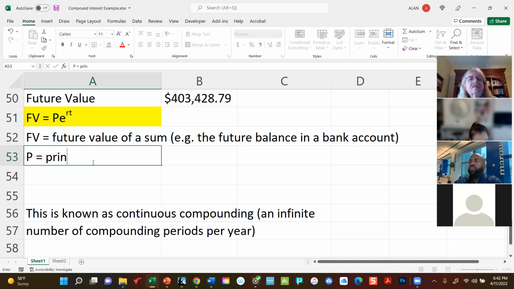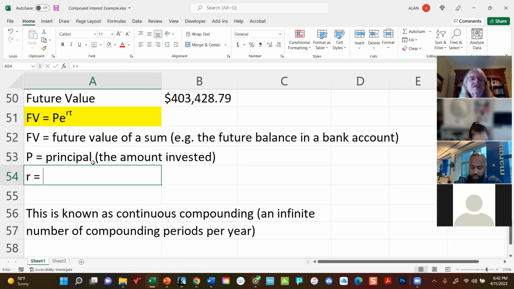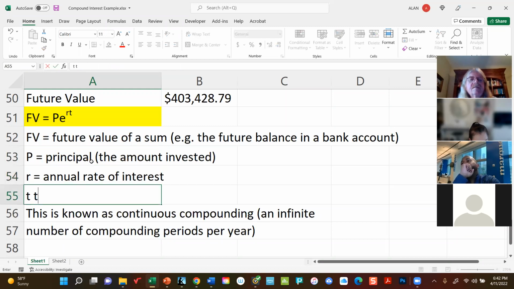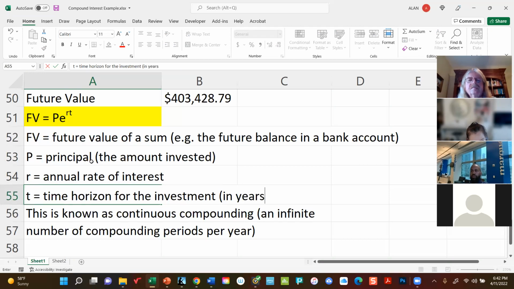P is the principal, the amount invested. R is the annual rate of interest. And T is the time horizon for the investment in years.